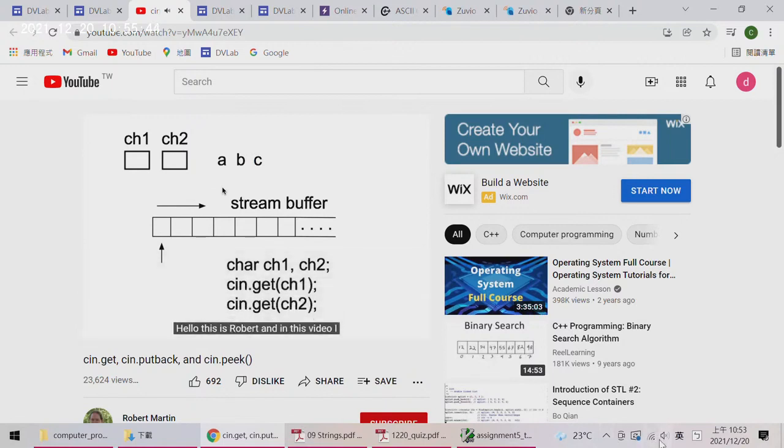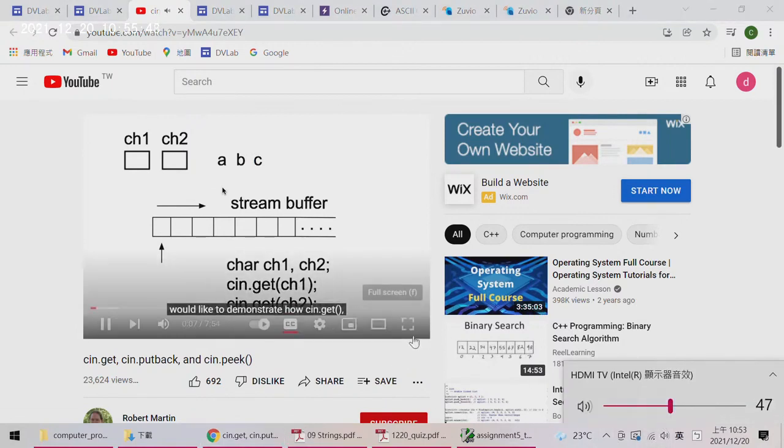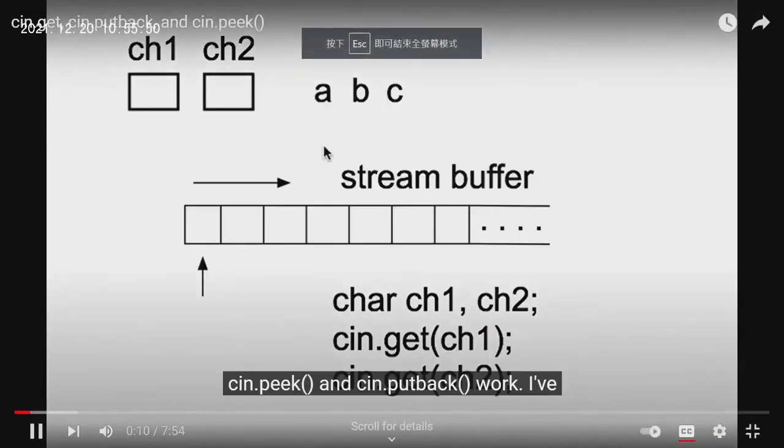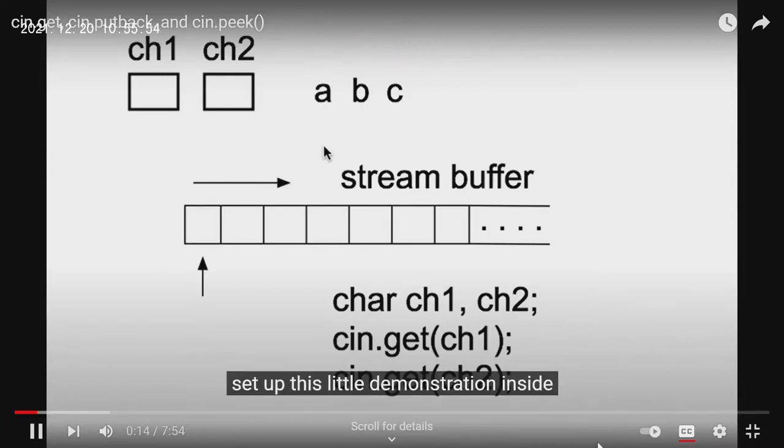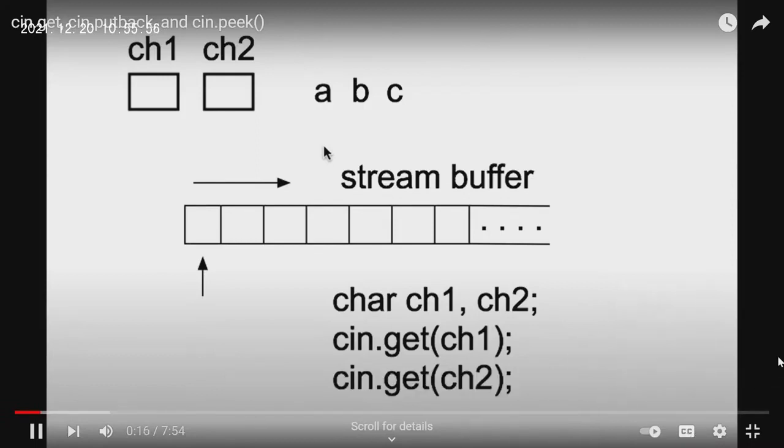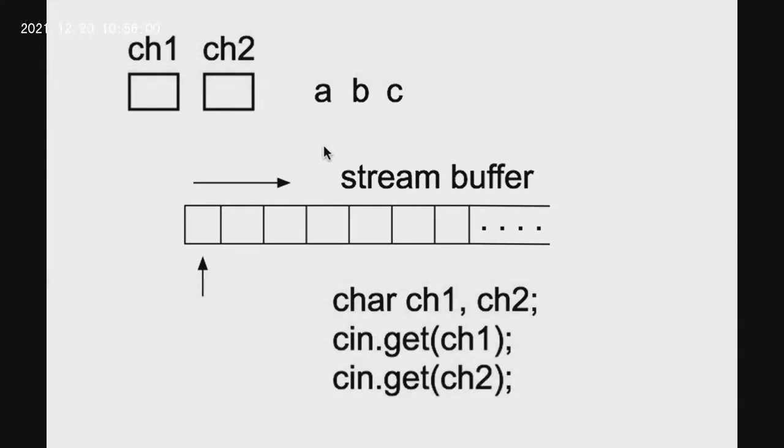Hello, this is Robert, and in this video I would like to demonstrate how cin.get, cin.peek, and cin.putback work. I've set up this little demonstration inside of a graphics program so that I can represent what's going on graphically.